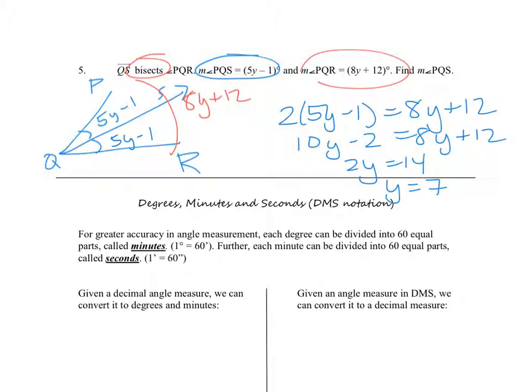And we're asked to find the measure of angle PQS. Okay, so that's this angle here, PQS. So we've got to plug in the 7 over here. Okay, so 5 times 7 is 35, minus 1. So angle PQS is 34 degrees.